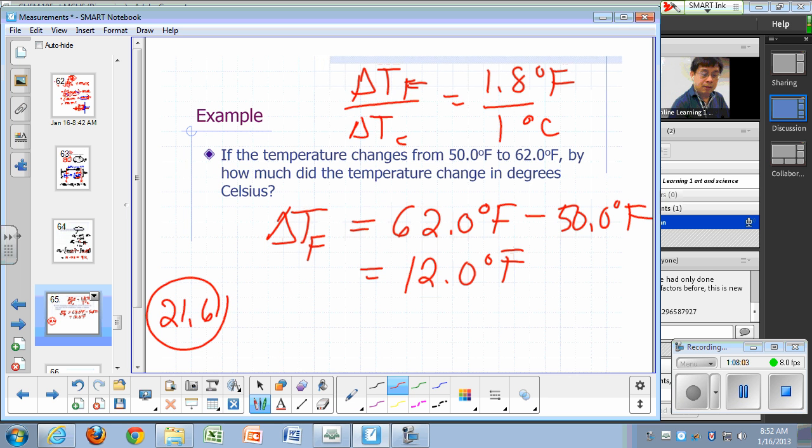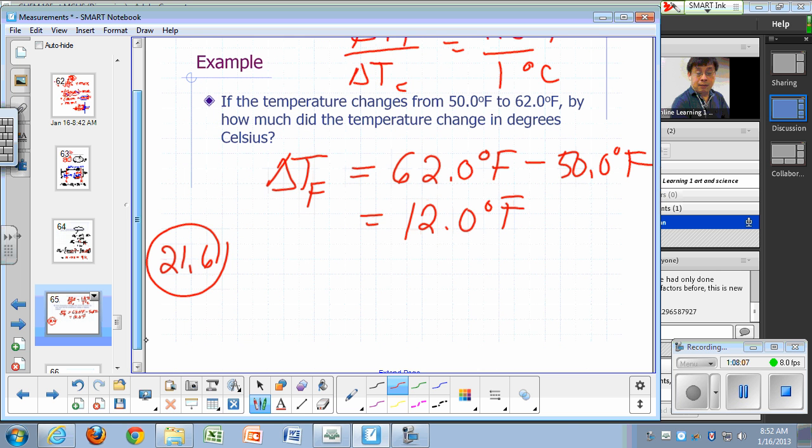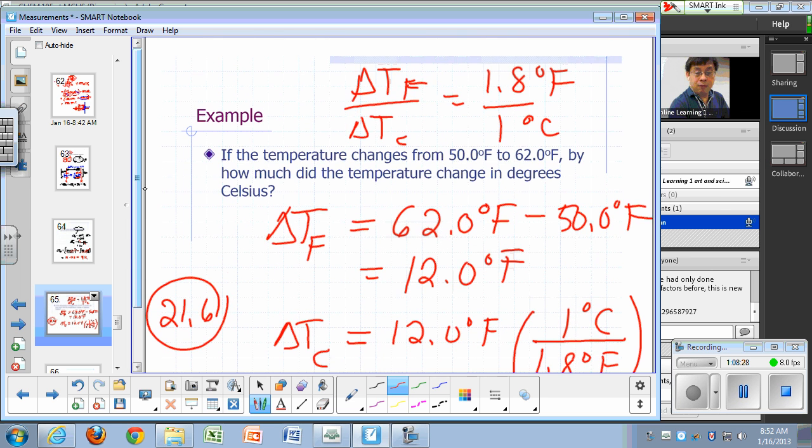21.6? All right. Now let's see. You have 12.0 degrees Fahrenheit. The change in Celsius would be 12.0 degrees Fahrenheit times 1 degree Celsius corresponds to 1.8 degrees Fahrenheit. Note that this conversion factor, you can flip it.